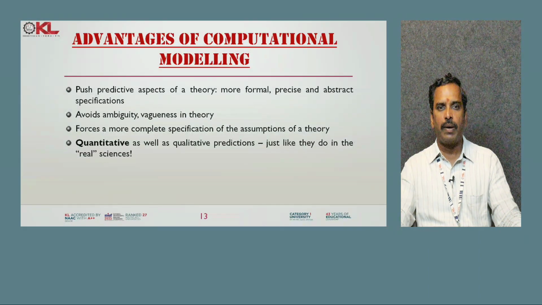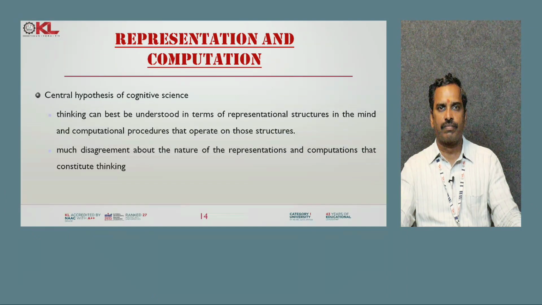Forces a more complete specification of the assumptions of a theory. Quantitative model: in the previous slide we discussed quantitative, computational. Quantitative as well as qualitative predictions, just like they do in the real sciences.